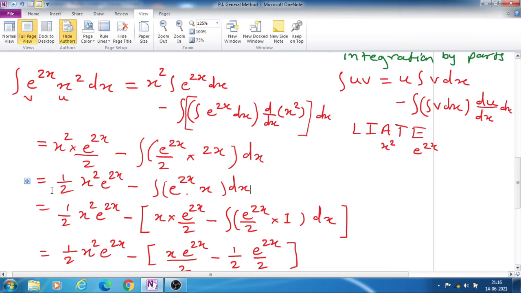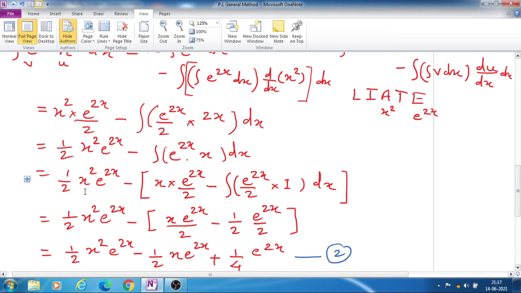Therefore this is equal to x square into e raised to 2x divided by 2, that means 1/2 x square e raised to 2x, minus, here this 2 is cancelled and only x into e raised to 2x remains, integral e raised to 2x into x dx. So this is equal to 1/2 x square e raised to 2x minus, now we have to take the integral of e raised to 2x into x.